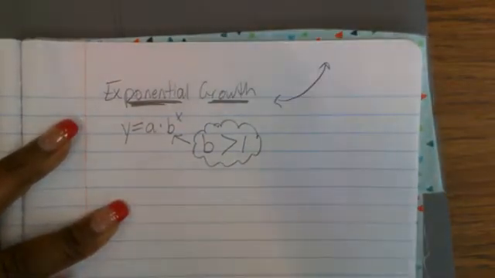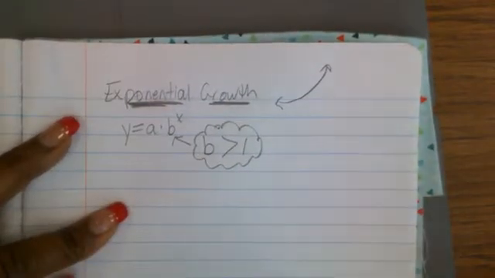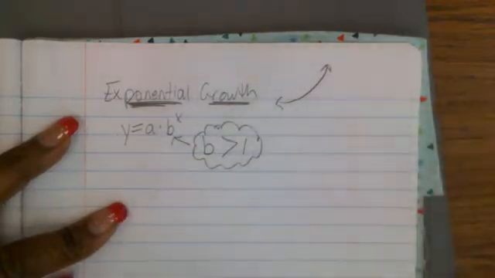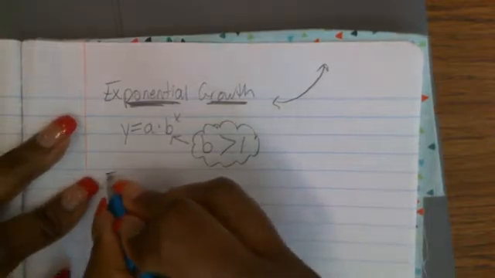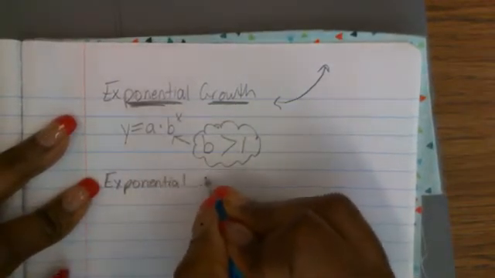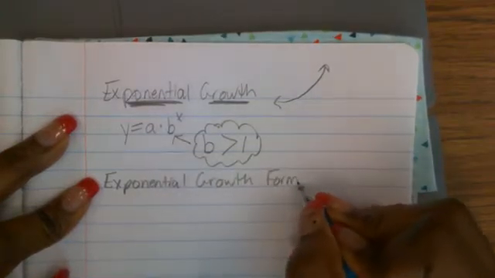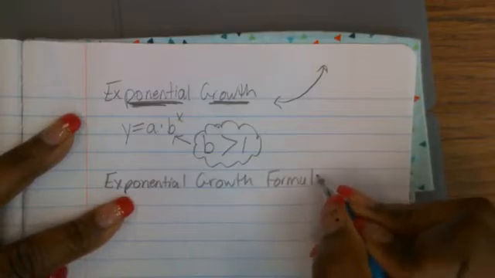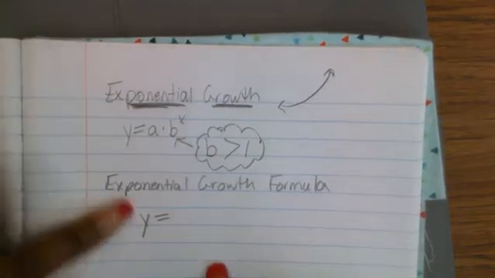All right, so this is the generic formula for all of your exponential functions, whether it's exponential growth or exponential decay. There is, however, a formula for exponential growth. So we have the exponential growth formula, and that is y is equal to, this is the same.